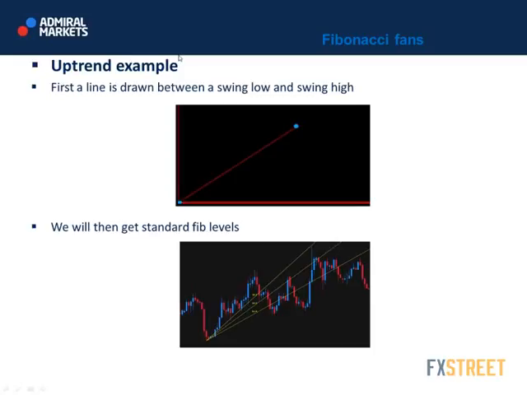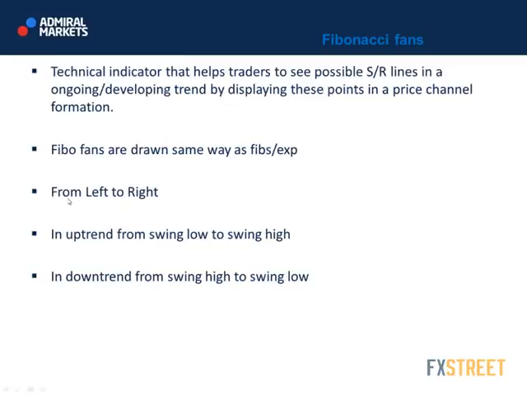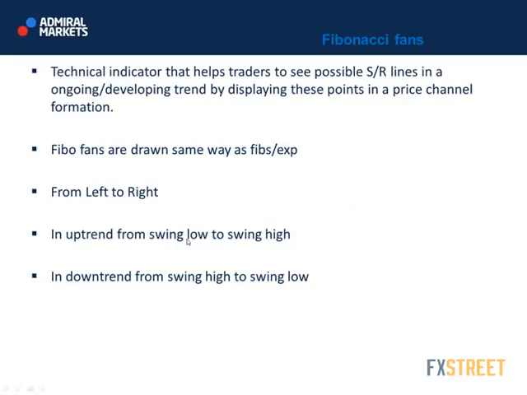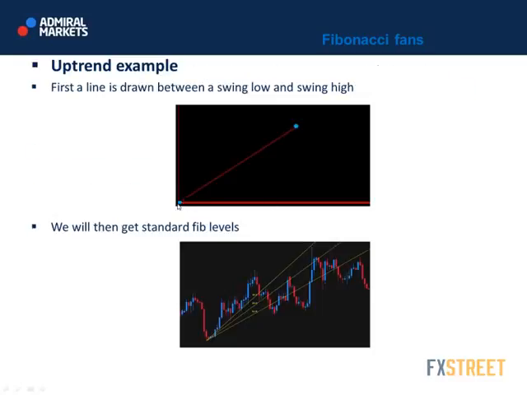So this is uptrend example. How did I tell you to chart it? From left to right. So this is point A, this is point B. In uptrend from swing low, guys, to swing high. This is for plotting Fibonacci fans. Point A, point B. From left to right. Okay, always. Then, when you place this angled line, you will get these levels.